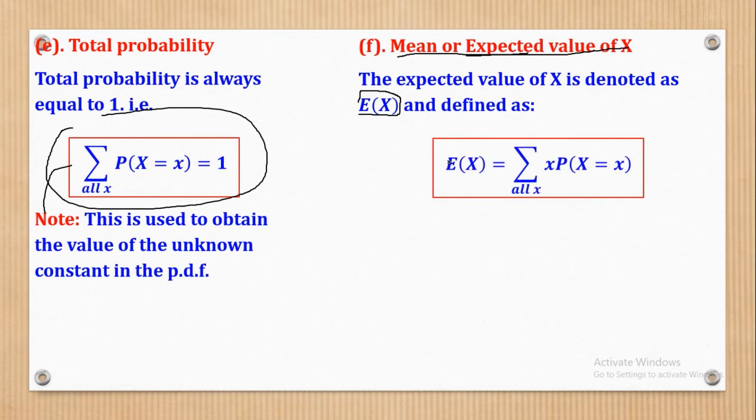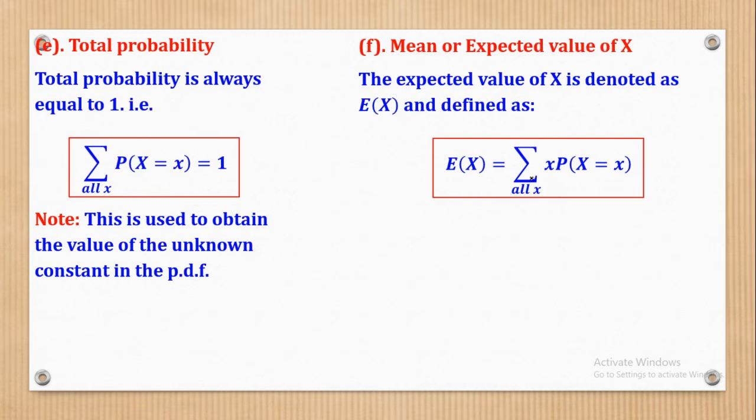Now these formulas are also available in your mathematical tables, and I hope you already have one of them, because as long as you're in A-level you really need a mathematical table to save you from memorizing some of these formulas, since they are already listed there and they allow you to go with them in the examination room. So E(X) is what is got by summing up the value of x multiplied by its corresponding probability for all values of x. We shall see how to use that formula.